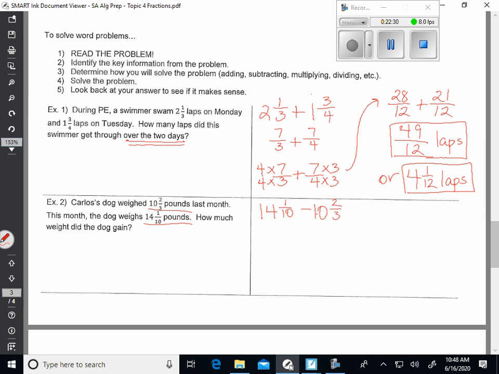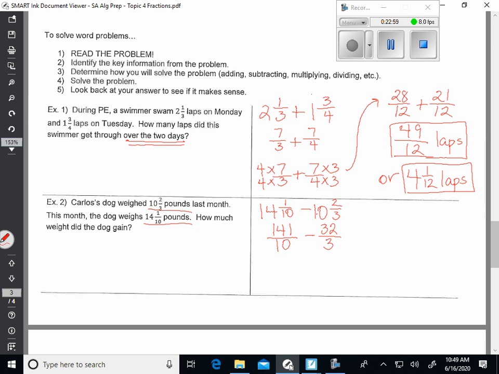So, same rules apply. We're going to get the denominators to be the same. Before we do that, get rid of the mixed numbers. 10 times 14 is 140, plus 1, 141. 10 times 3 is 30, minus 2, plus 2, 32. So now we have to figure out the next step.